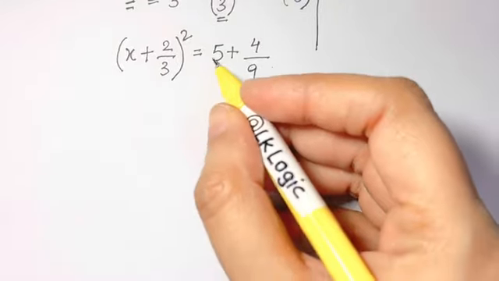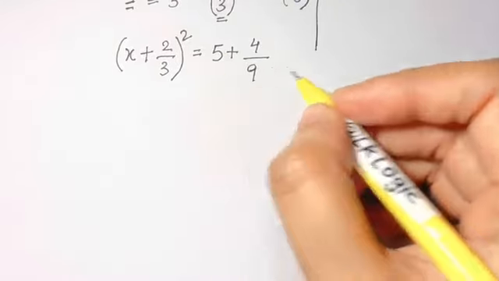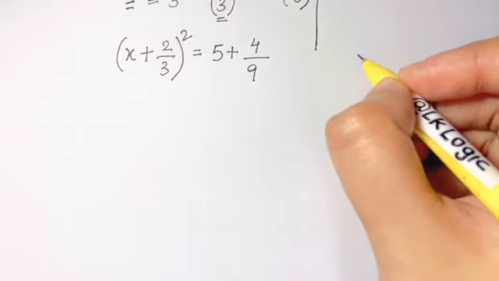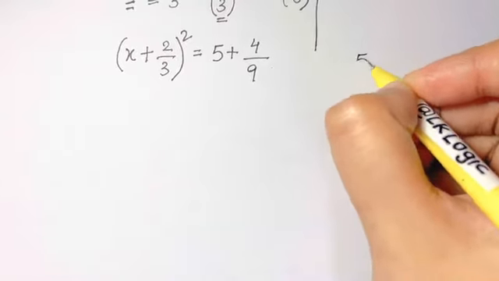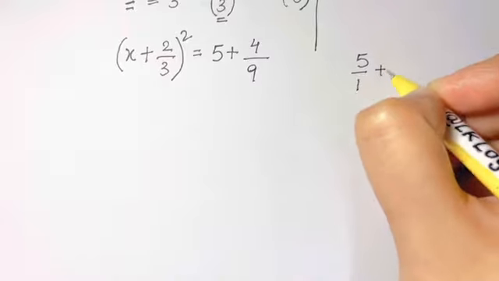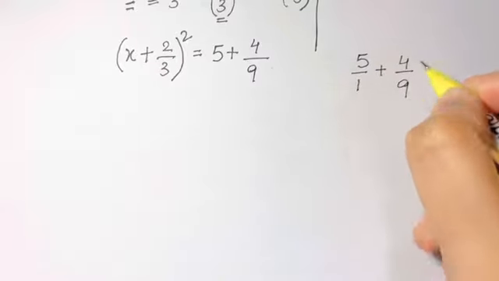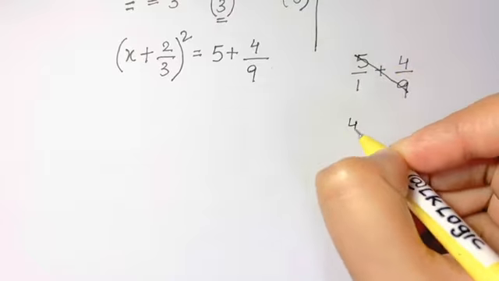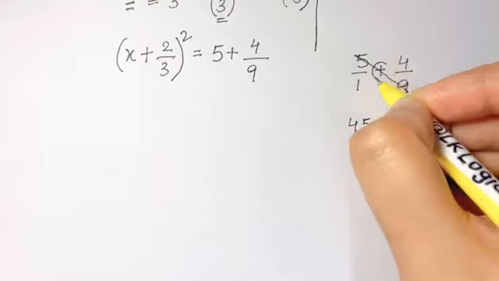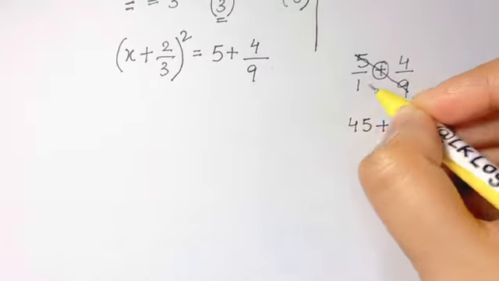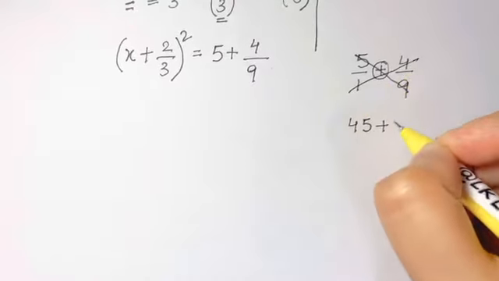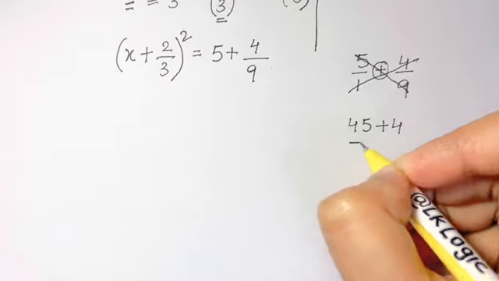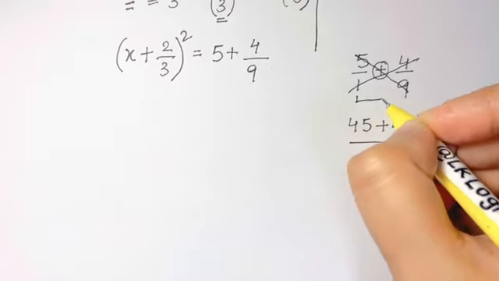So the next thing is I want you to add these two quantities. So let's write 5 as a fraction with denominator of 1. So 5 over 1 plus 4 over 9. The simplest way is to simply cross multiply them. 5 times 9 is 45 and whatever is the sign just put in and then multiply 4 times 1 which is equal to 4, and divided by the bottom numbers, which are 1 and 9.